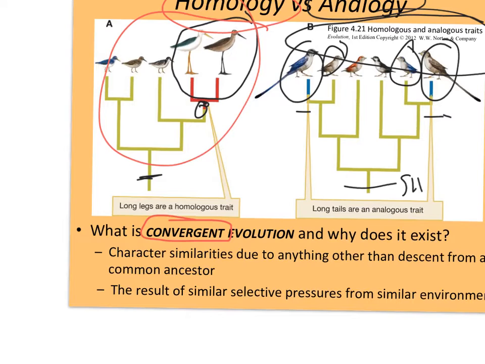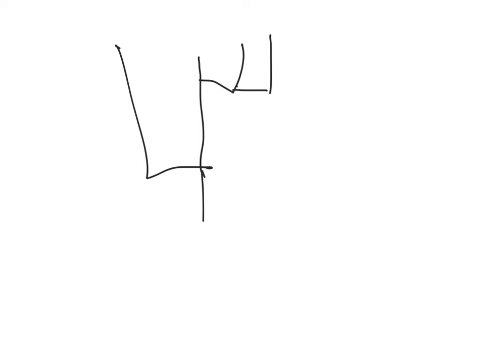It's due to anything other than descent from a common ancestor, and the result of similar selection or selective pressures in similar environments. Like this. Okay, where the two long-tailed ones are here. Okay, these are long tails, and everything else up here is short tails.